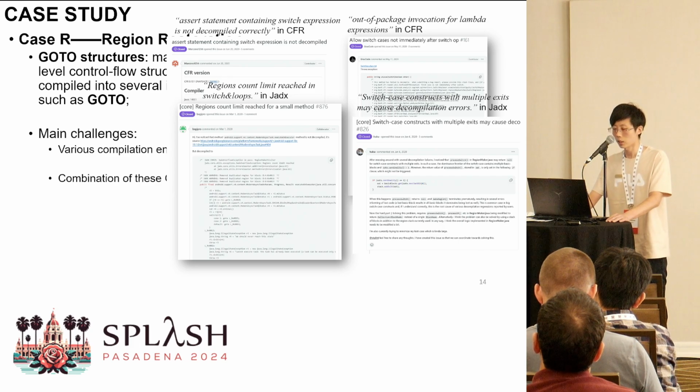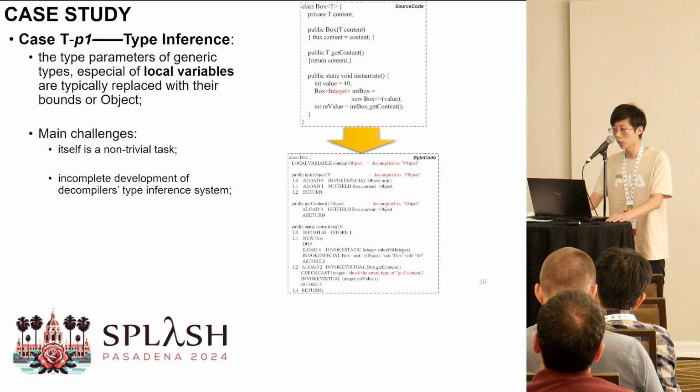And the last kind of cases is related to type inference, and we name them case T. Case T has two parts. The first part is related to generic types. As we know, the type parameters of generic types, especially those of local variables, are replaced with objects in the bytecode.